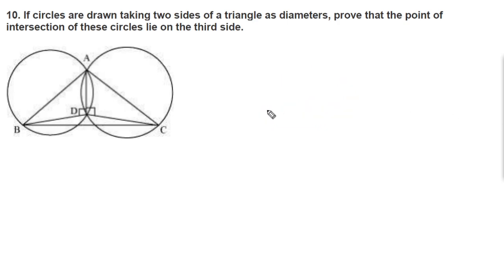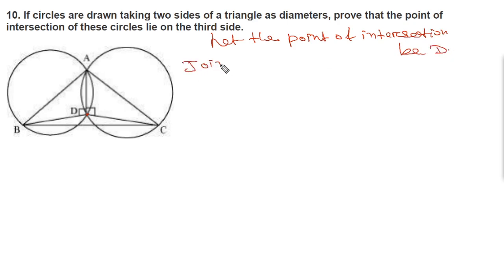So we'll assume that the point of intersection is D. Now join AD, BD and CD. After joining, we will move to the first circle.